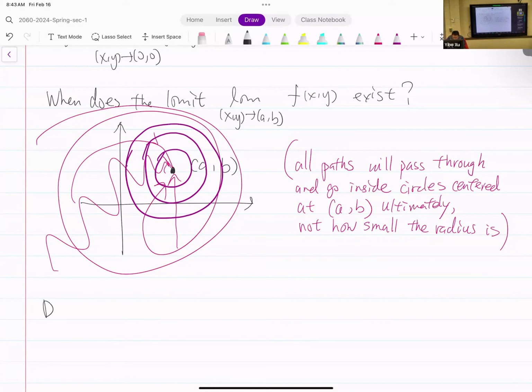So now we can motivate, we can directly write down the definition of the limits of the function. Definition. If you think about it, it's actually a generalization of the epsilon delta definition for the limits of a univariate function, but now we're doing it in a multivariate case.